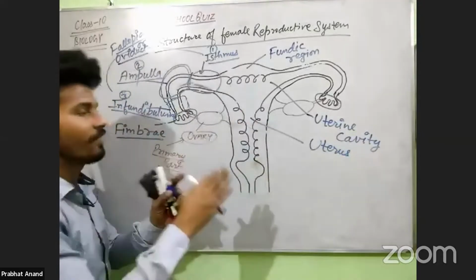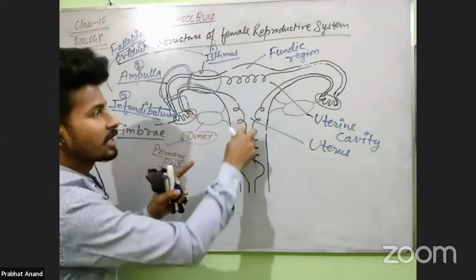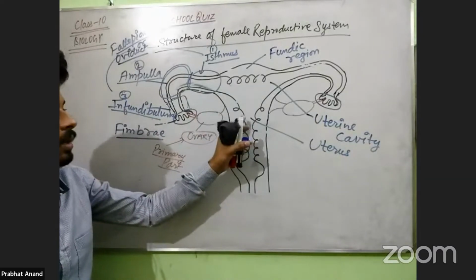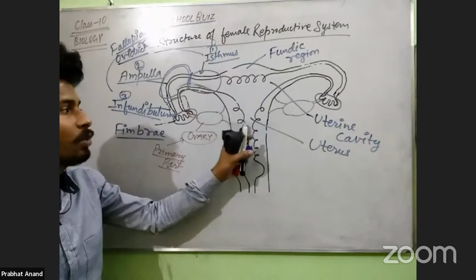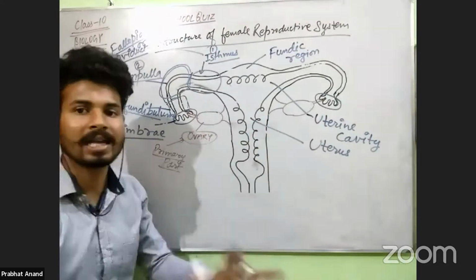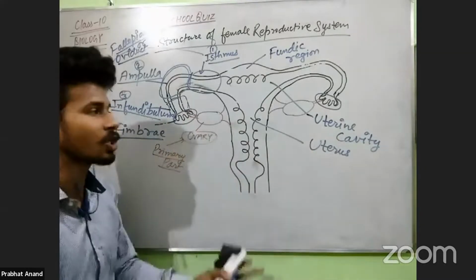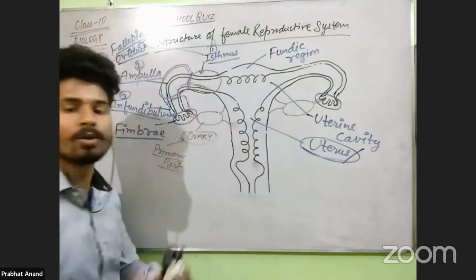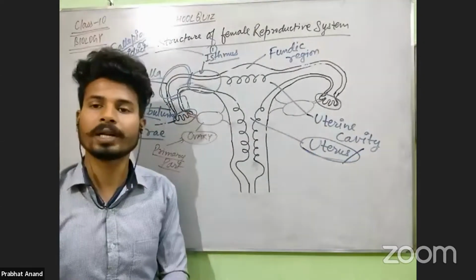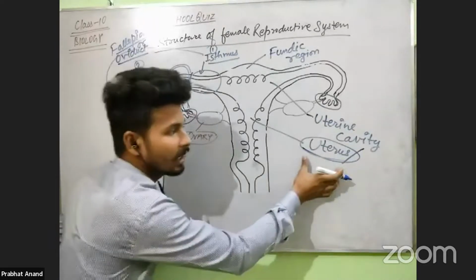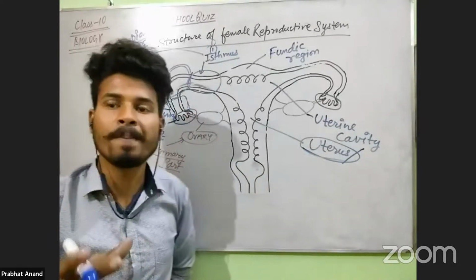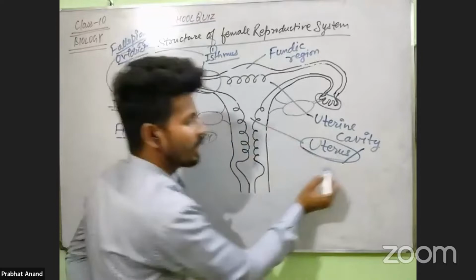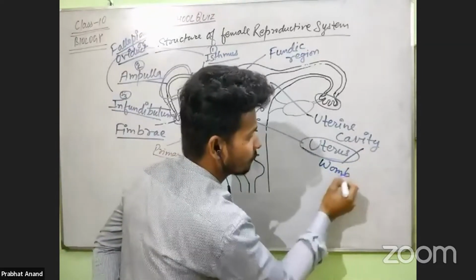Since the diagram is not 3D, assume that this part is a bag like structure, and this bag like structure is called the uterus. The uterus is the part where the development of the baby takes place.